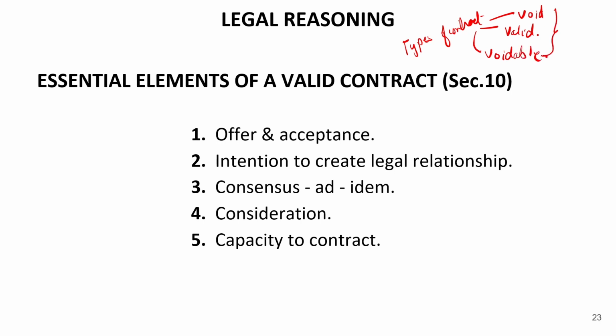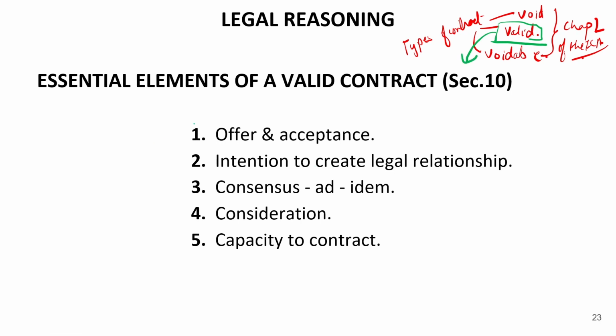All these three types of contracts are dealt with under Chapter 2 of the Indian Contract Act. We have discussed the valid portion of the contract, when we talked about the essential elements that have to be there if the contract needs to be enforceable.